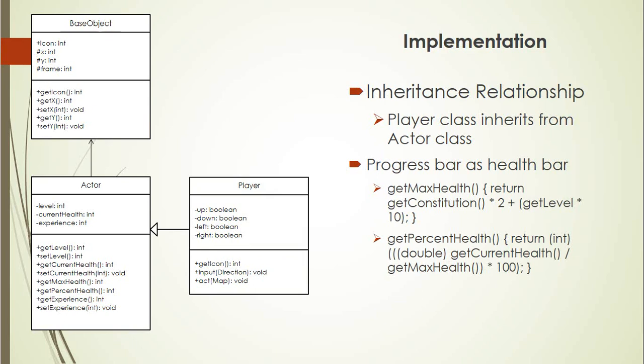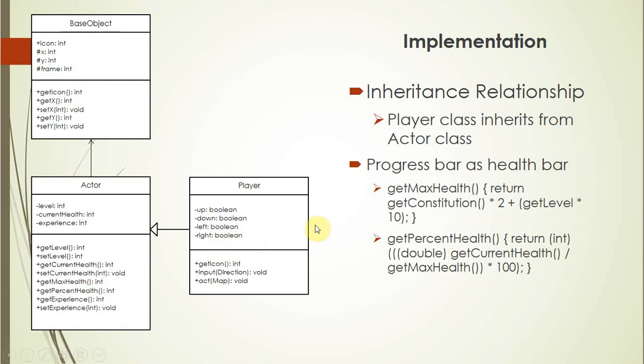This user story's implementation was achieved using a strong inheritance relationship between the actor class and the player class, since the actor class holds all the functions needed by the player to set the player's several features, such as the player's level, current health, and experience.